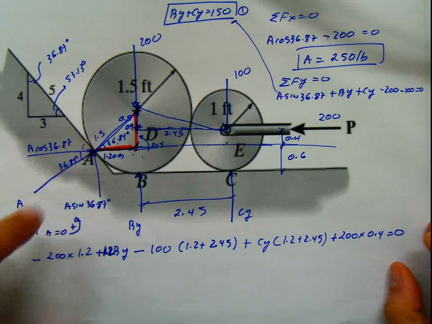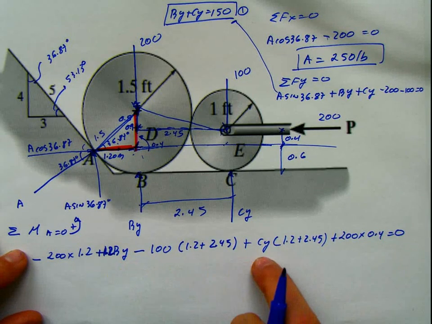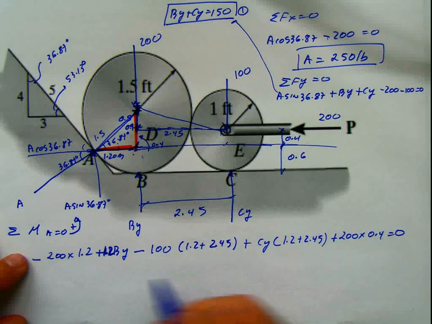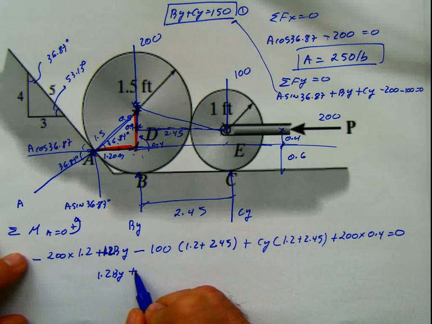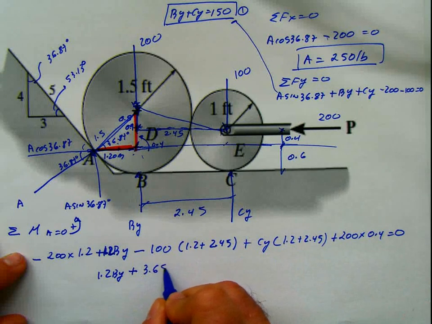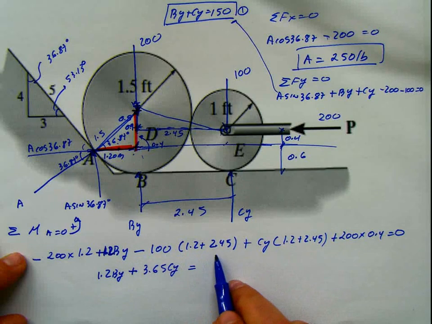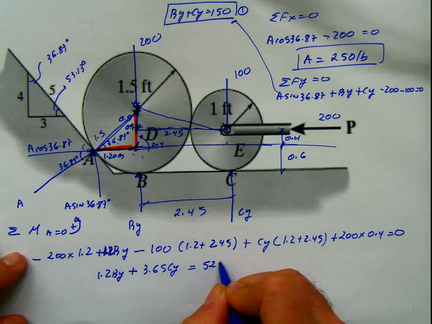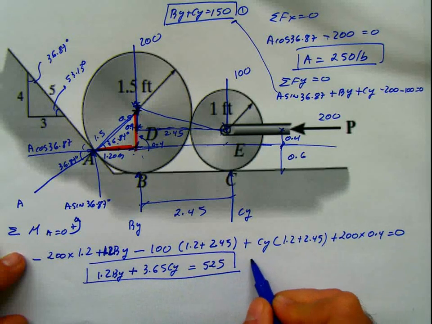Now, I have my unknowns here. Our unknowns are BY and CY, same as here, BY and CY. So I can establish an equation. This equation is going to be 1.2 BY plus 3.65 CY equal 525. And I have another equation.